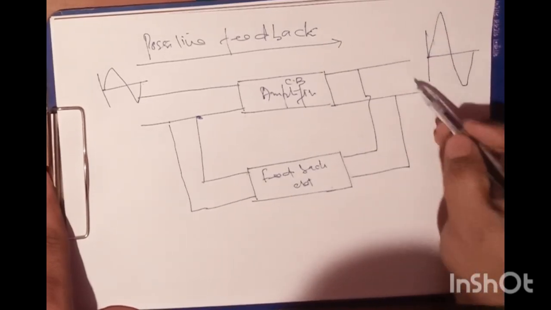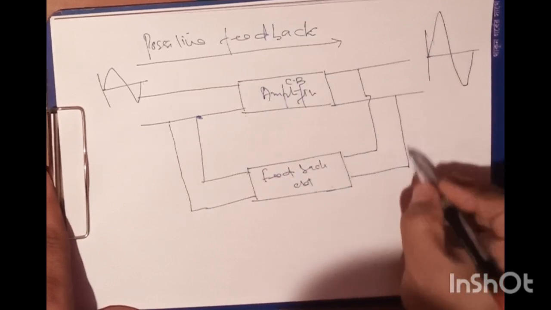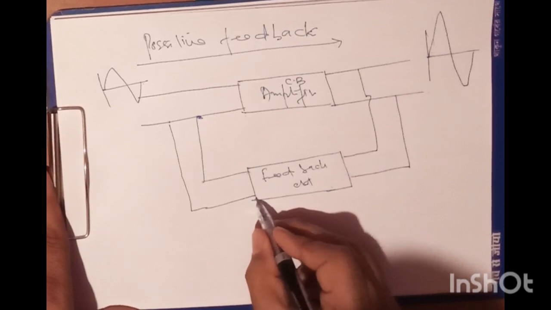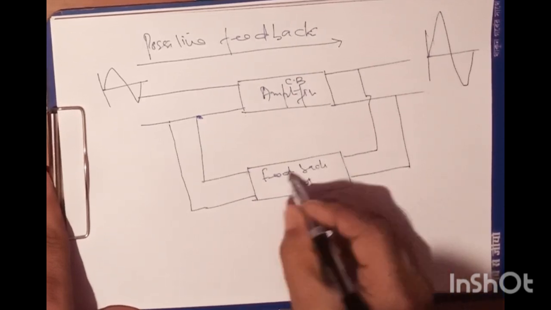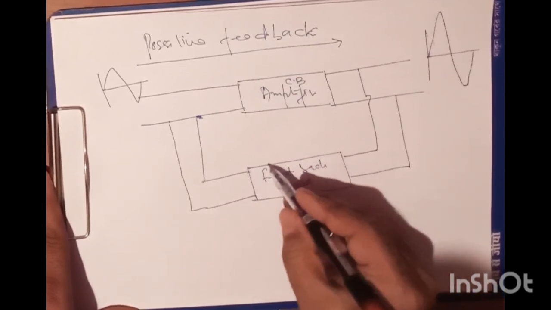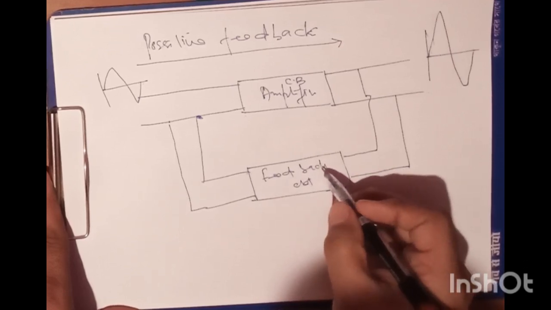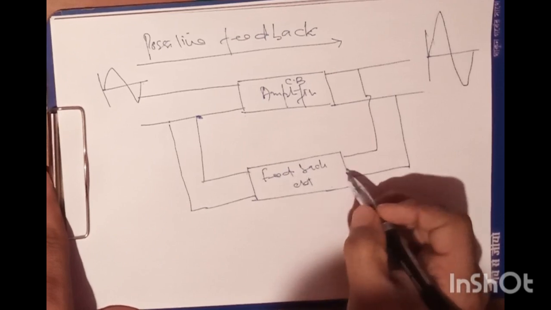Now this amplified signal will be sent back to the feedback circuit, in the case of the positive feedback circuit.